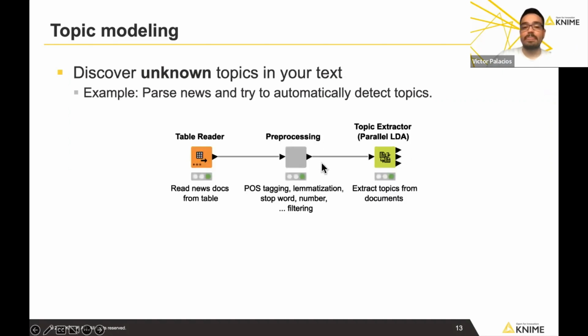So what I can do is pre-process my data using some standard natural language processing nodes that KNIME has. And then I can use the topic extractor node. And this node will go through the text and say, I think these 2 or these 3 sentences belong to the same topic. And then I, as the human, can come in and look at this topic and say, oh, okay, I know what this topic is.